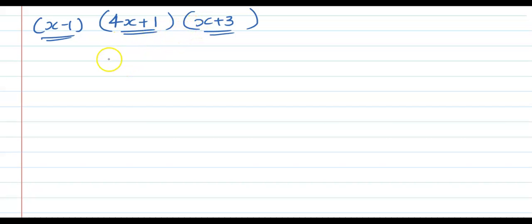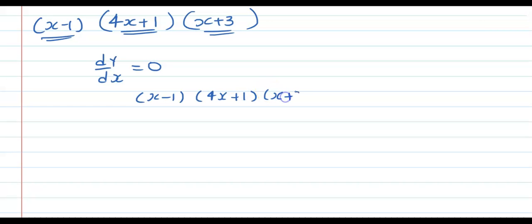Okay, now we need to do dy over dx equal to 0, right? So dy dx equal to 0. Our dy over dx is what? This one, x minus 1, 4x plus 1 and x plus 3. Put it equal to 0. So we got x minus 1 equal to 0.